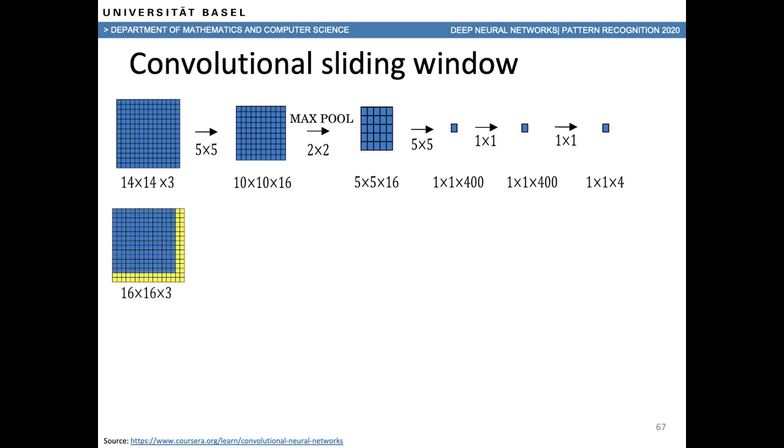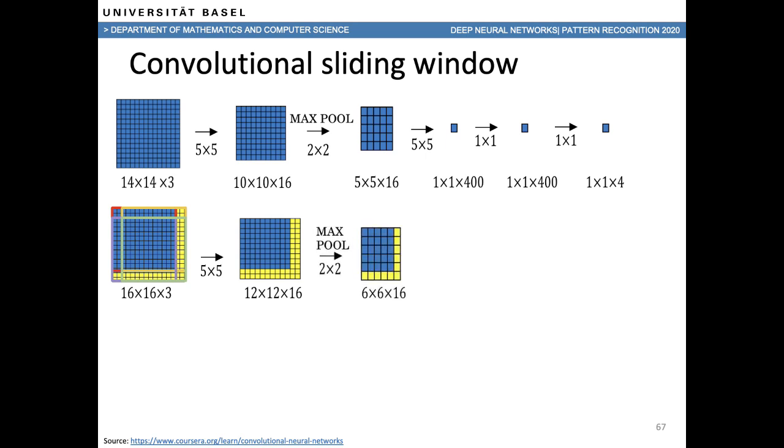Let's have a look at what happens if the image was slightly bigger. Now we have a sliding window of 14 by 14, which we slide over these 4 placements. After the 5 by 5 convolution, the receptive field, which we're highlighting in blue here, has in fact a direct connection to the blue area in the input image of 16 by 16. After we do max pooling, the receptive field is still this upper left quadrant.